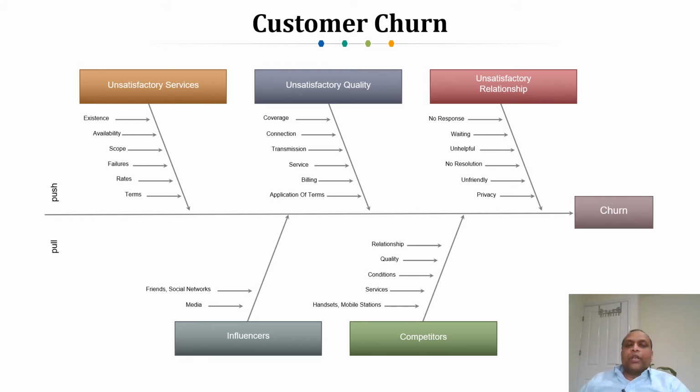There are so many attributes, for example, services, satisfactory or unsatisfactory services, and quality, which will of course impact the business. Unsatisfactory relationship: if every customer going into the shop is shouted at by the attendants, then nobody wants to go there a second time, right? Likewise, influencers: you and I influencing a friend to go to a specific shop or business or not.